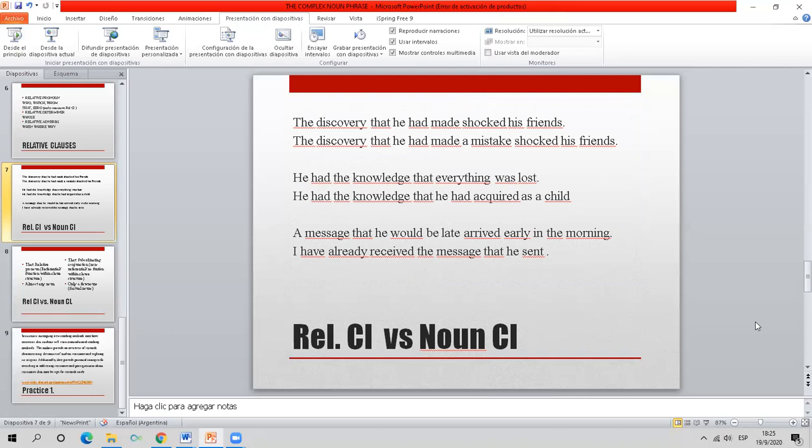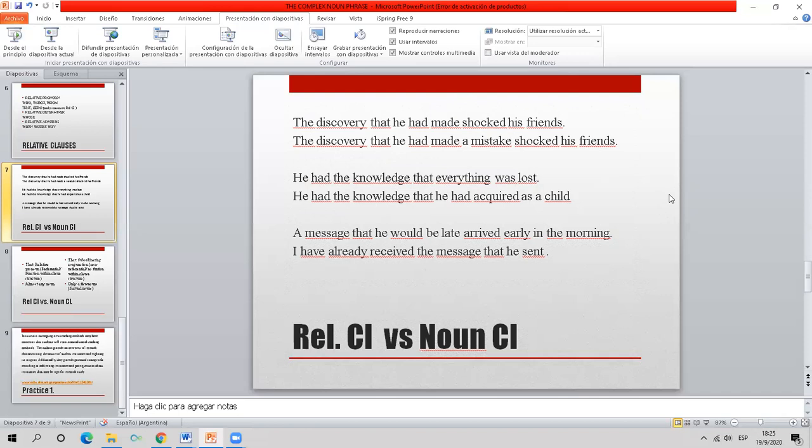So let's compare some examples. Here you have, I want you to read, I don't want to read them because the reading is quite revealing. Okay. Of course, in all these examples, one is a relative clause and the other one is a noun clause.